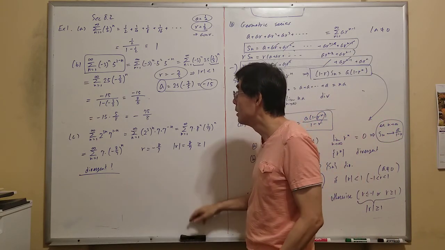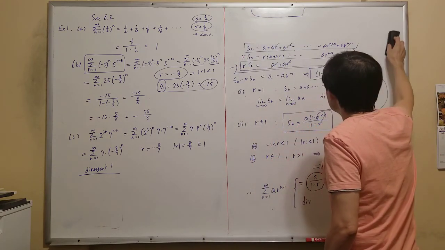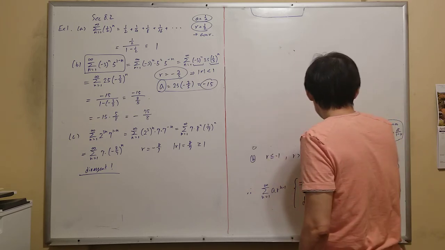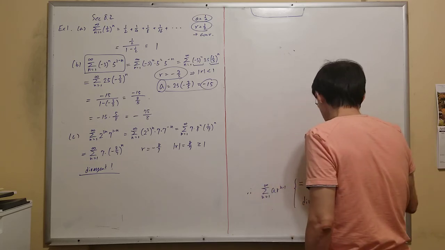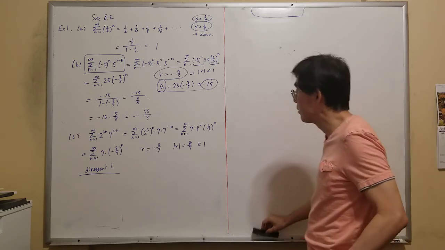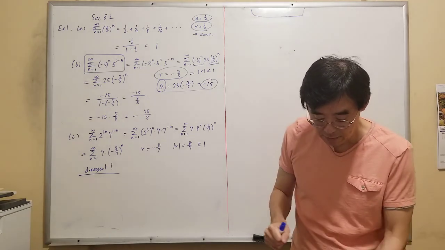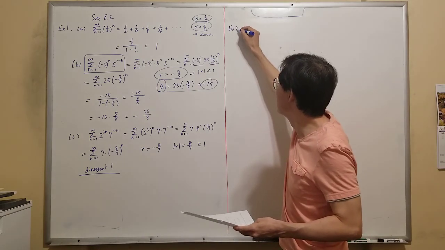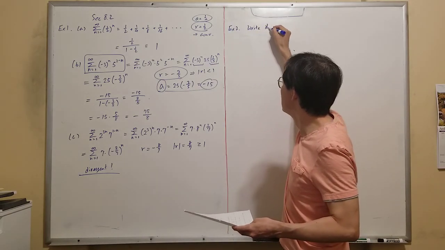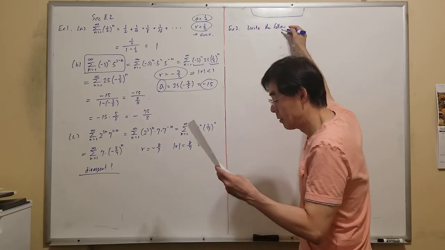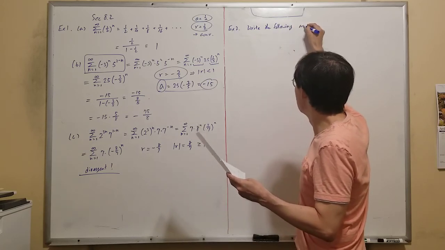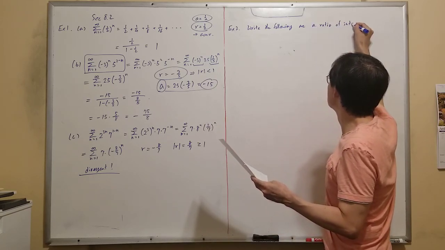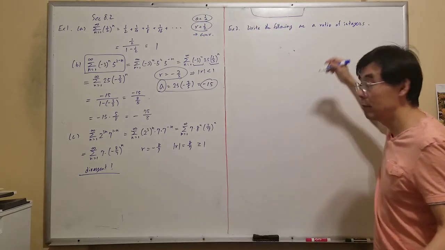Next example, you're already familiar with this. These are all actually reviews of this from math or pre-calculus. Write the following as a ratio of integers, so the standard form of a rational number.